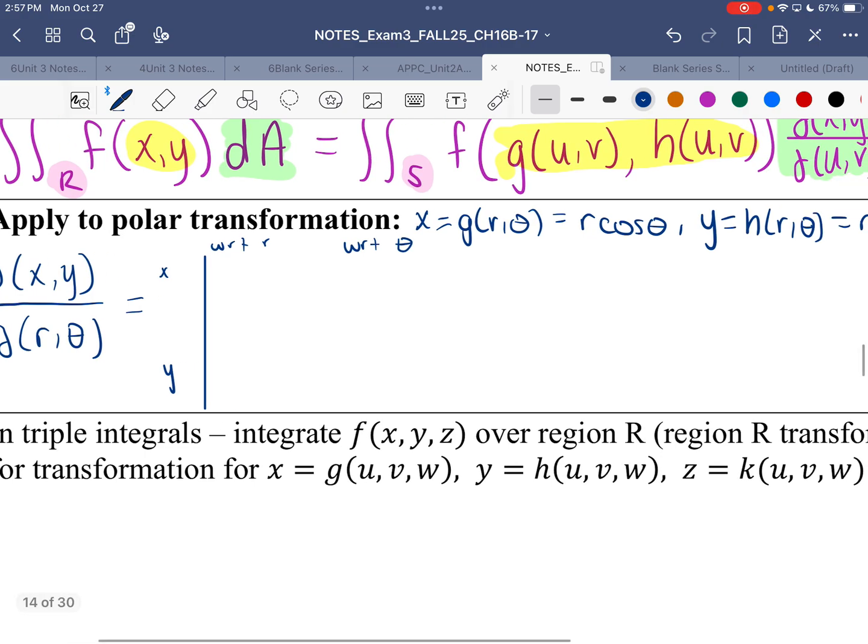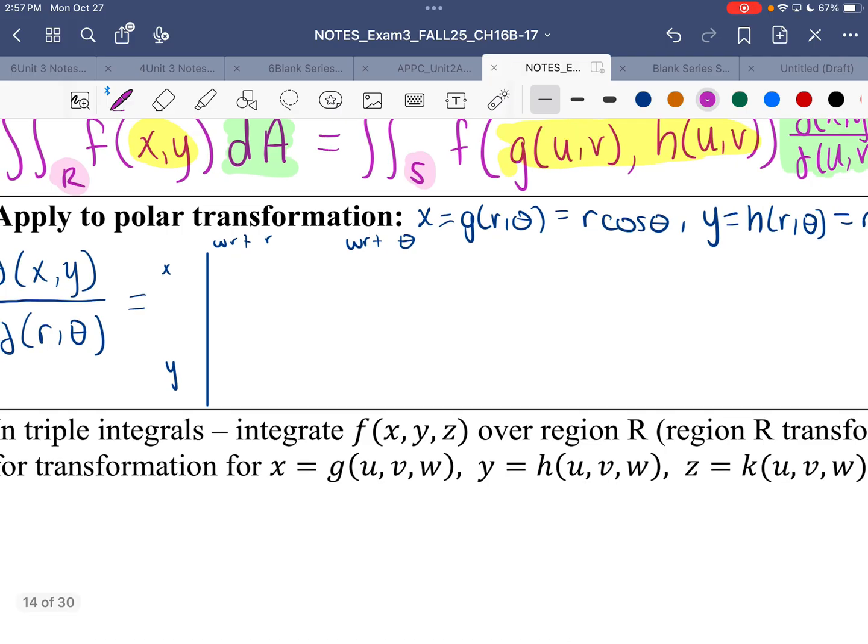Okay, derivative of x, r cosine theta with respect to r. What do we have? Kai. Derivative of r cosine theta with respect to r. I think you just integrated it. Oh. Derivative. Okay. And then what's the derivative of x with respect to theta, Chance? I can't hear you.